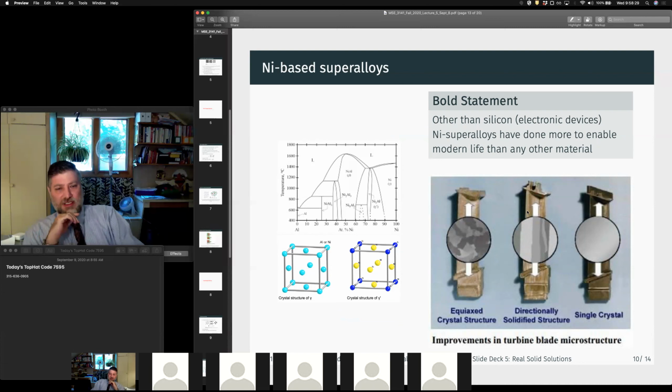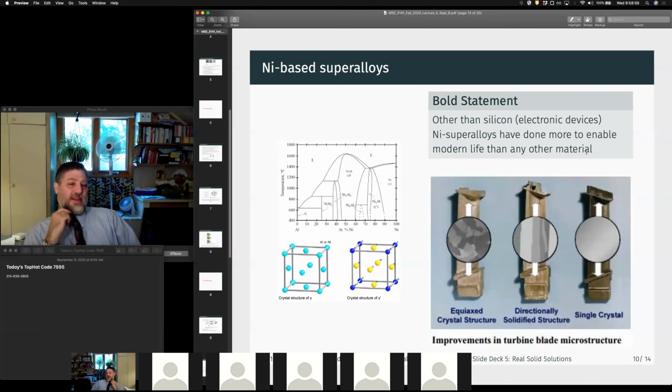I want to make a bold statement: other than silicon, which enabled electronic devices and computers, the nickel-based superalloys have done more to enable modern life than any other material. And why do I say that? Because nickel-based superalloys enabled cheap air travel.